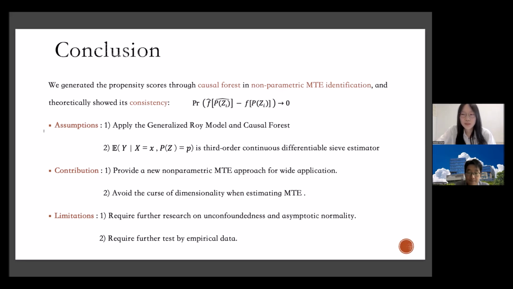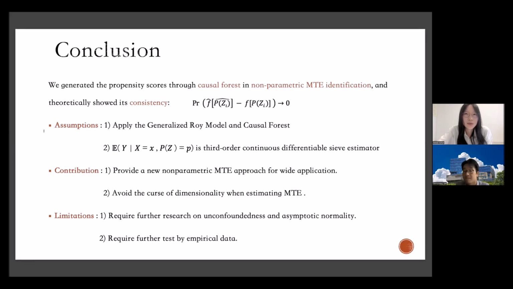I did not prove it very strictly, but I think it would be applicable, following my proof. You could see that we used the causal forest, which is consistent, unbiased, and asymptotically normal.